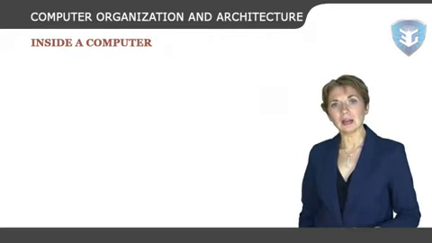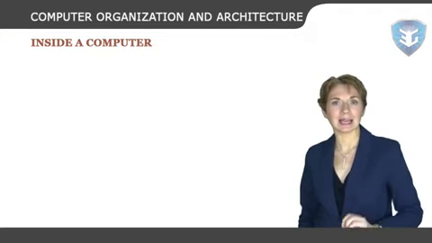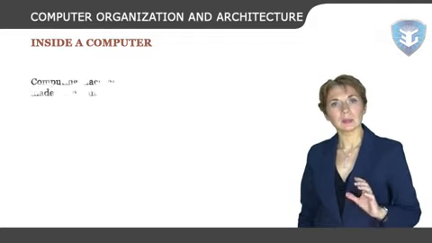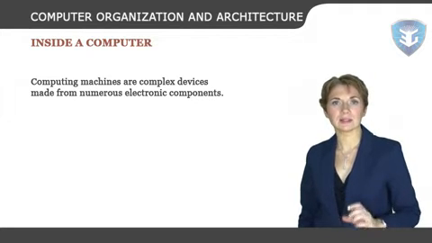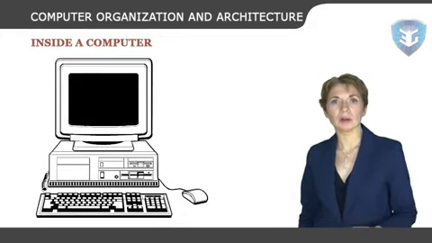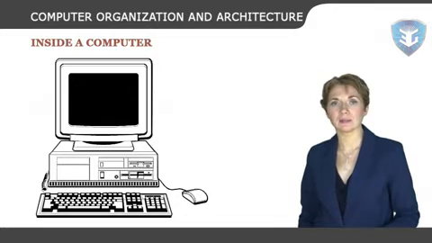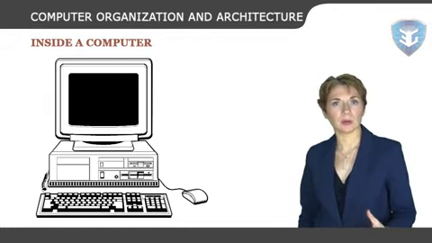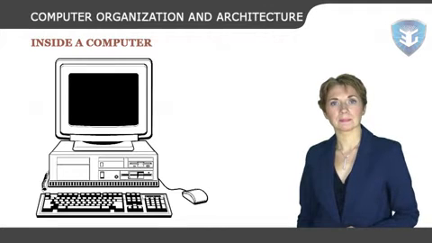Now let's take a look at what is inside a computer. Computing machines are complex devices made from numerous electronic components. Many of these components are small, sensitive, expensive, and operate with other components to provide better performance to the computing machines.